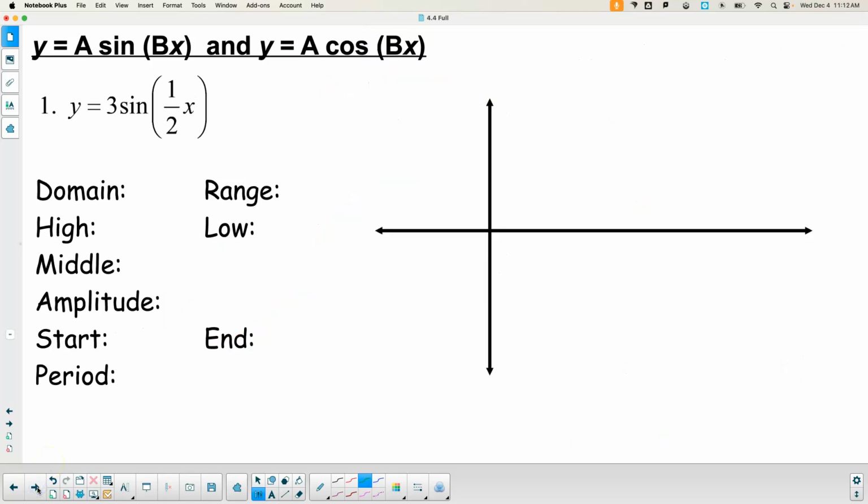Okay, try that one. Now we got a combination of A's and B's. I get an amplitude of 3, which puts my high at 3, my low at -3, which makes my range there.